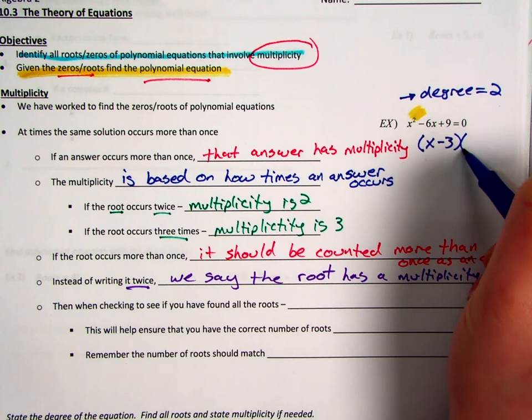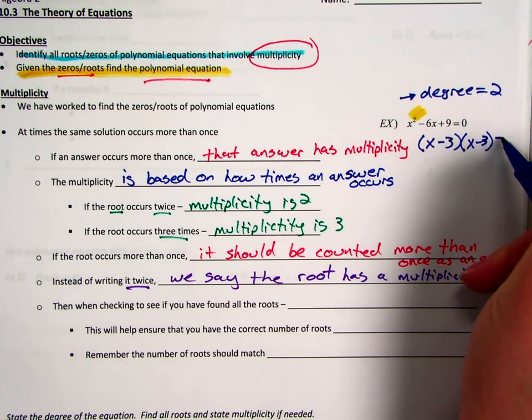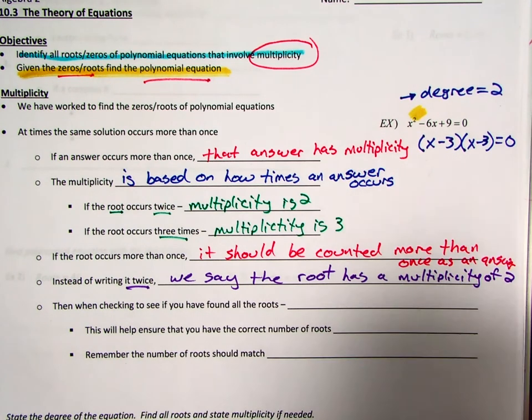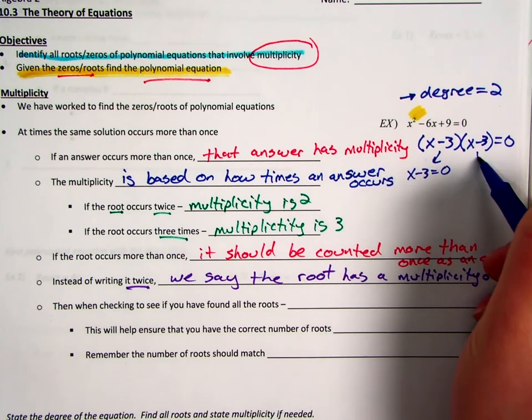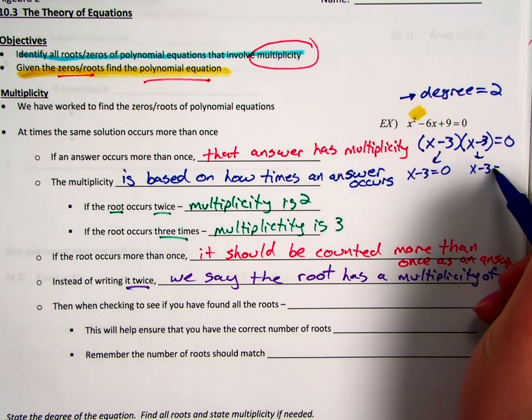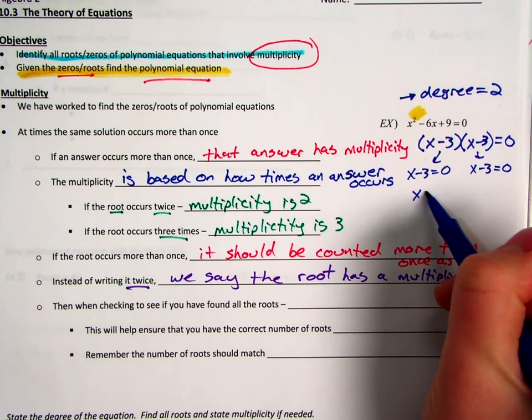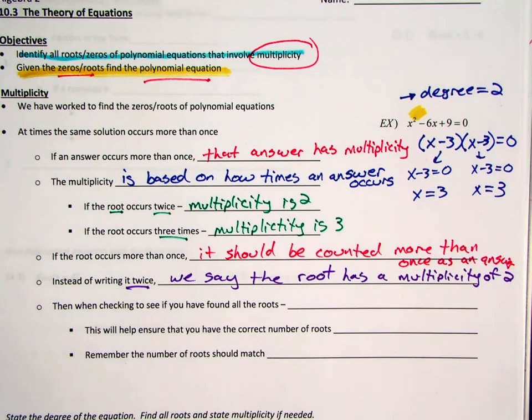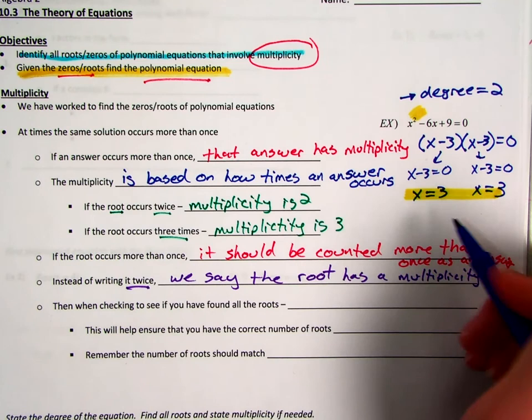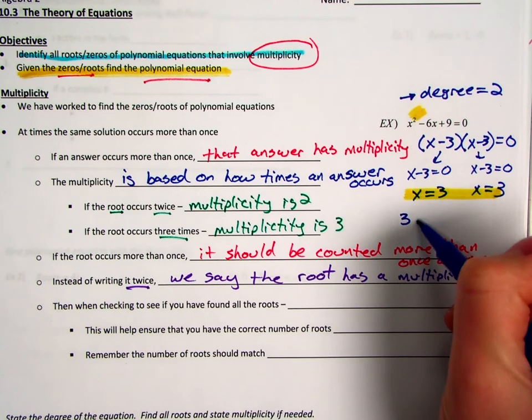So we have x minus 3 equals 0, which means that one of these has to equal 0 so that when they multiply together we get 0. So either x equals 3 or x equals 3. Again, we see that that answer occurs twice. So since that answer occurs twice, we would say that my answer is 3 with a multiplicity of 2.